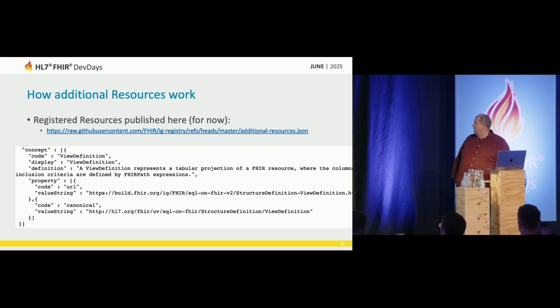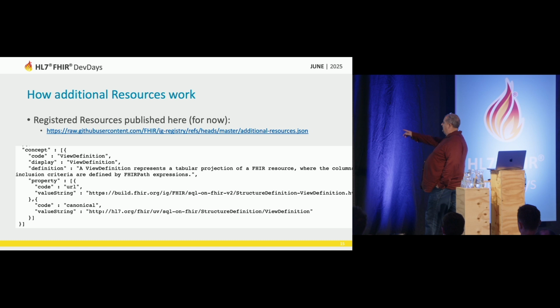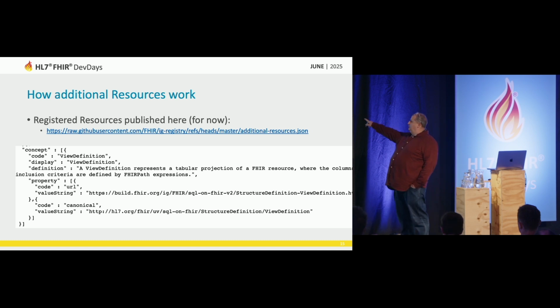So how do they work? So first of all, the list of registered resources that we've approved and that therefore can be used will be published in a public location. Currently, the draft location is right here. It'll probably move, but it's actually a code system, and here's a sample entry for what goes in there.